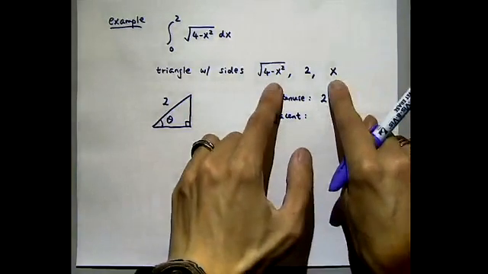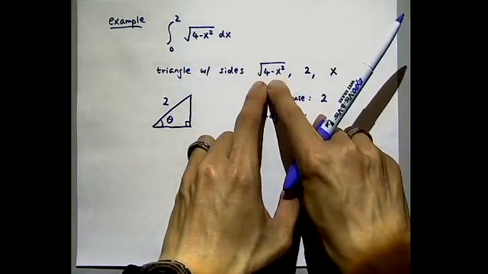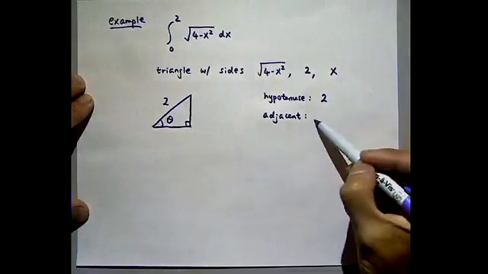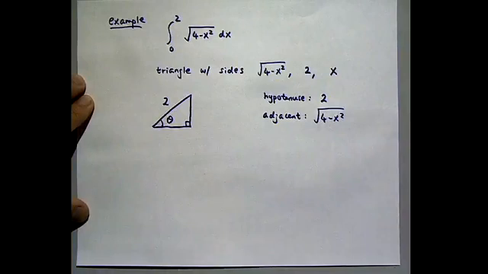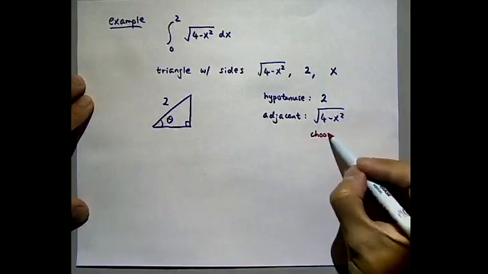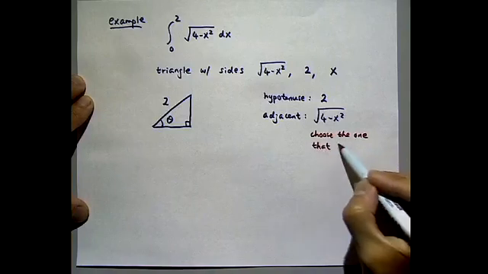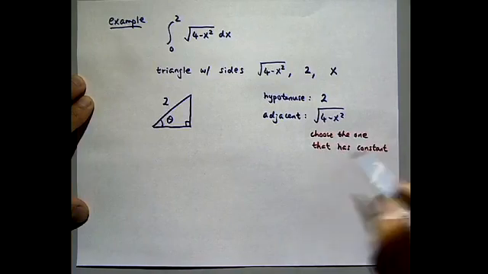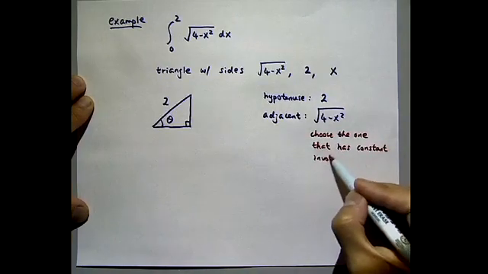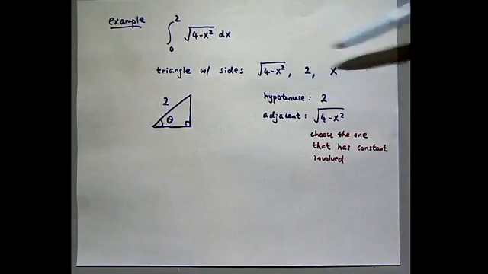Now we have two sides to choose to put onto adjacent. Always choose the one that has a constant involved. Our choices for this step here were this or that.